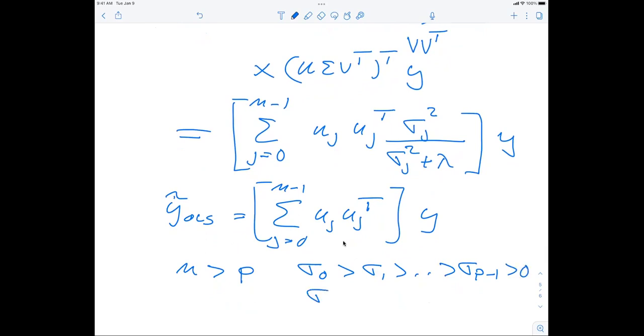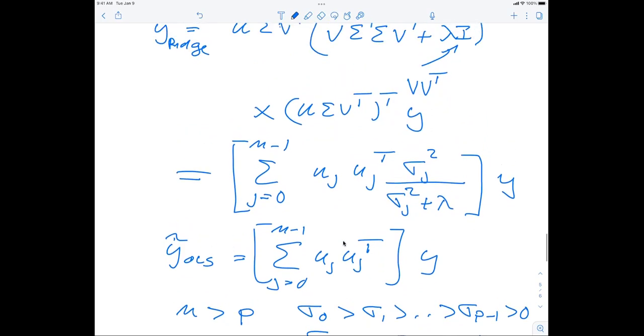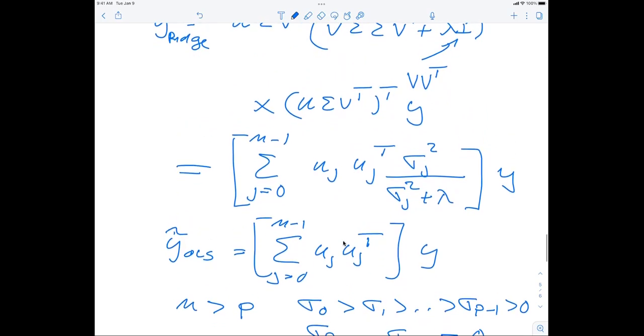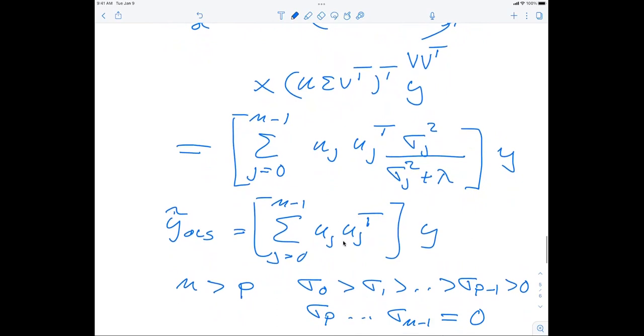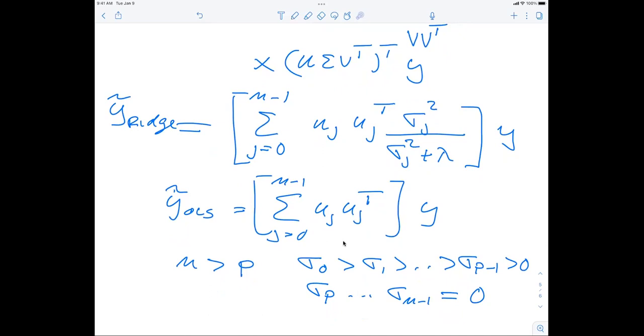And then for sigma_p up to sigma_{n-1}, they are equal to 0. Now, if you look at the two sums you have, the one for ridge and the one for ordinary least squares, and you focus on the summations here, what do you see as a change here?